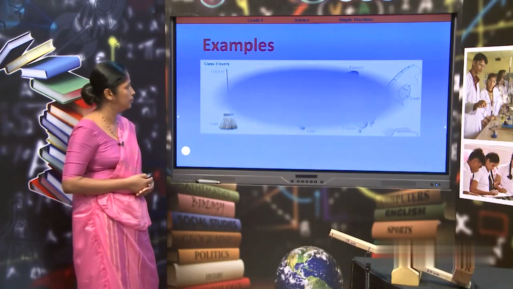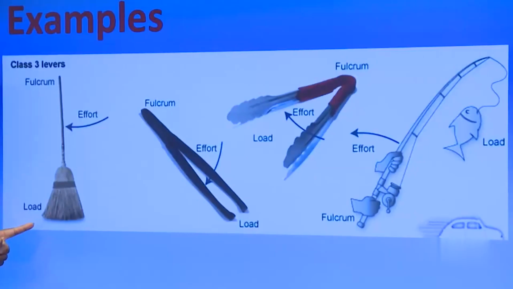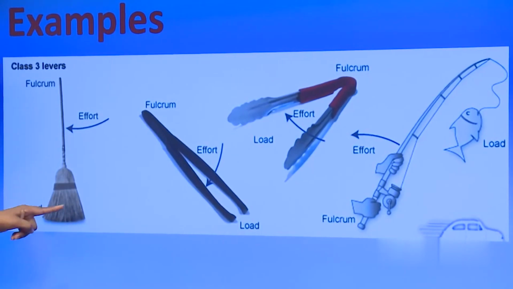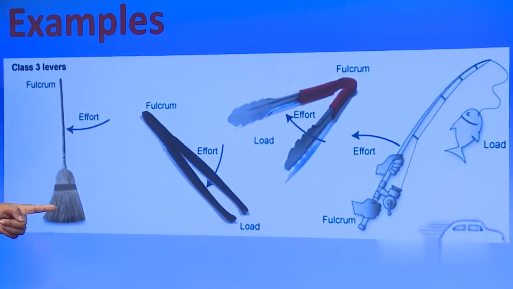Examples: broom. Here's the load, the dirty particles. We remove dirty particles by exerting the force in the middle of the broom. So, load moves a longer distance than the effort.